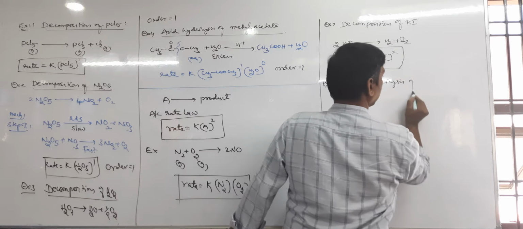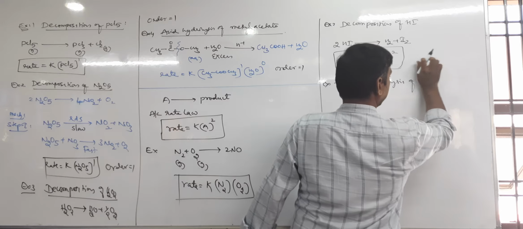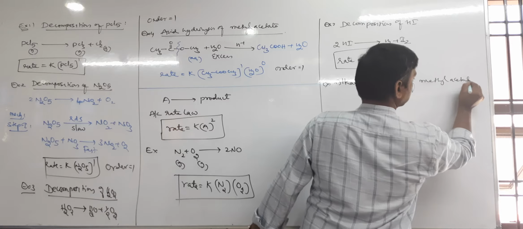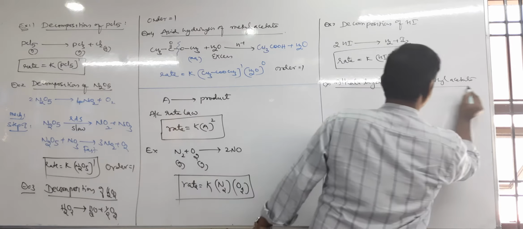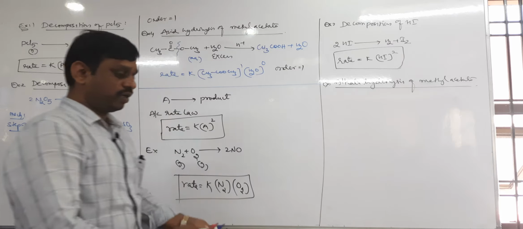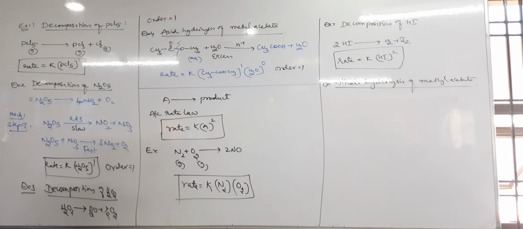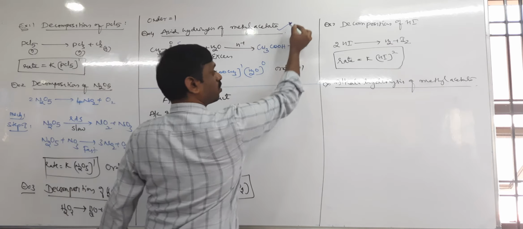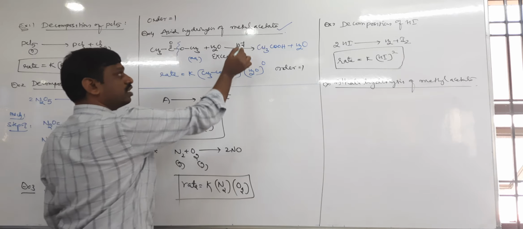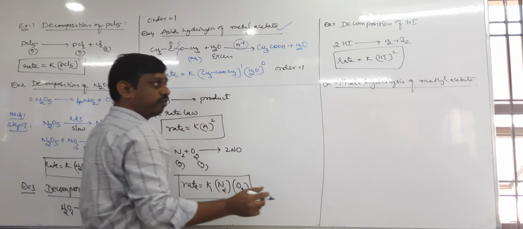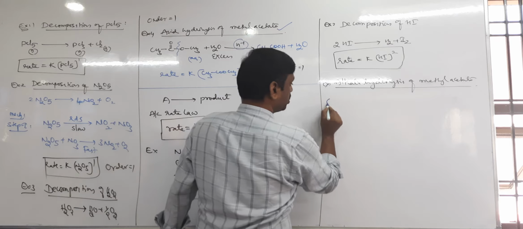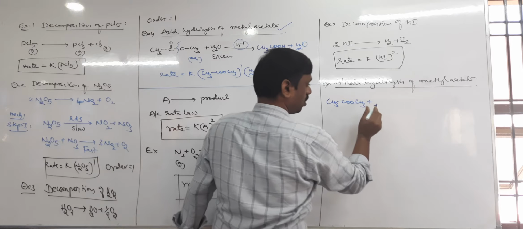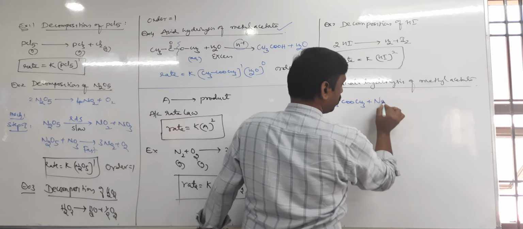Alkali hydrolysis of methyl acetate. See, we have taken acid hydrolysis of methyl acetate. In acid hydrolysis, we take an acidic medium and water will be there. But in alkali hydrolysis, this methyl acetate now reacts with dilute NaOH.